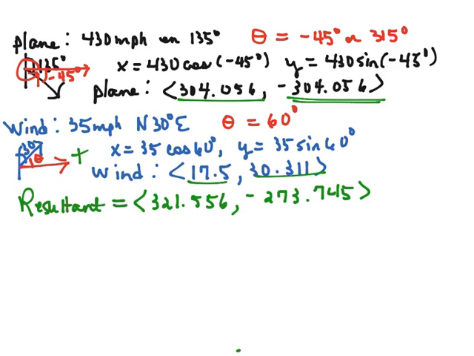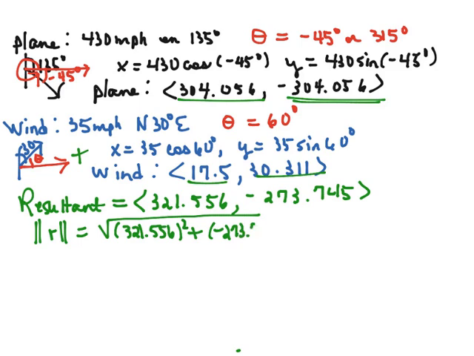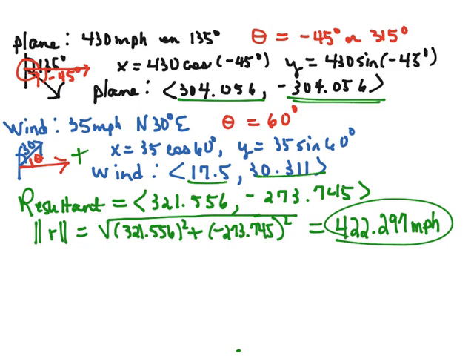So the speed is going to be the magnitude of this resultant, and we can find the magnitude by taking 321.556, squaring it, plus negative 273.745, squaring it, and our wind speed, or excuse me, airspeed turns out to be 422.297 miles per hour, which is the same answer as we got on the last example when we reworked this problem using law of sines and law of cosines.